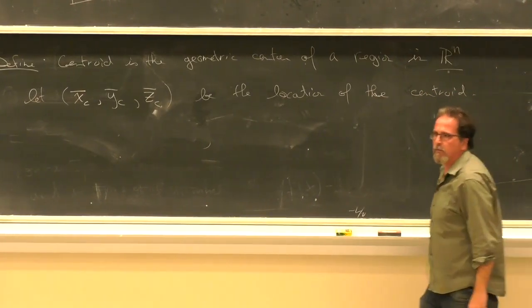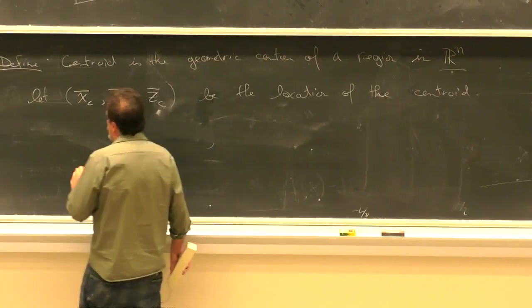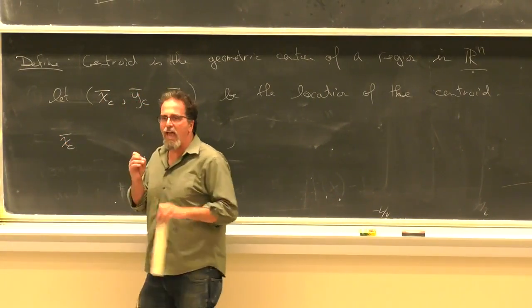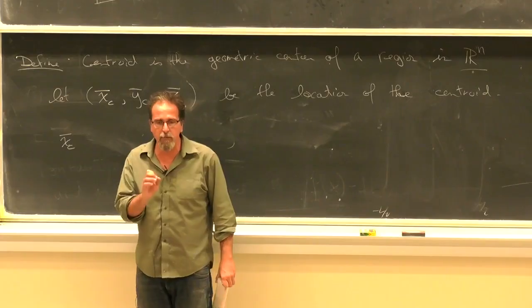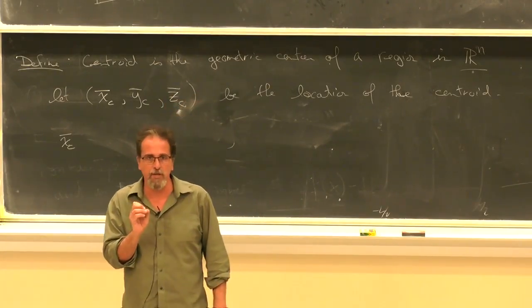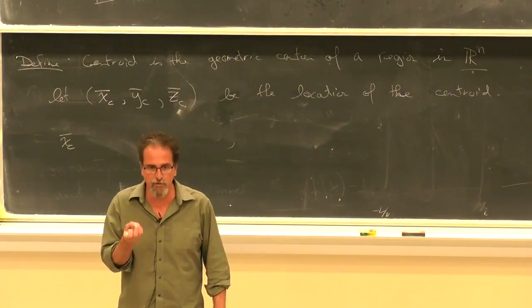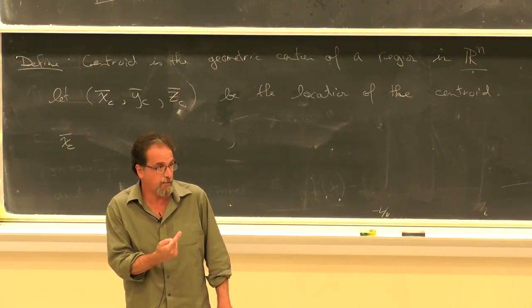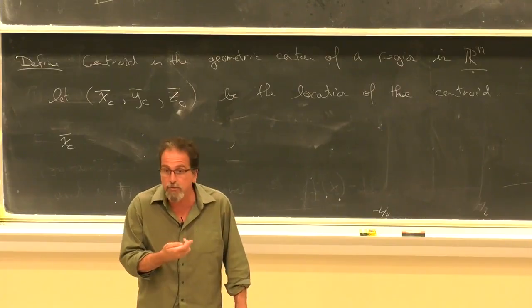We define x bar c as the average x value. Remember, I've already defined the average of a function: the average of a function is the integral of the function over the domain divided by the integral of the number 1 with respect to the volume or area, whichever dimensions you're in.